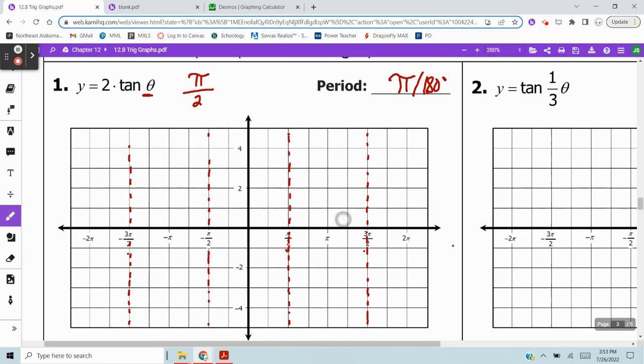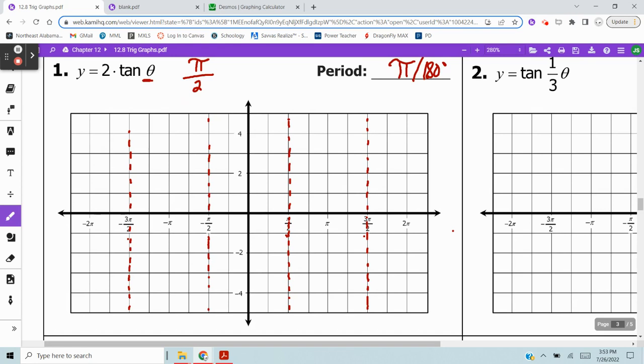Now next, because of the rotational symmetry of tangent, we always know that it'll have an x-intercept, or a 0, right in the middle of those asymptote lines. So there are our x-intercepts, and we can plot those. What I would do next is plug in another value.